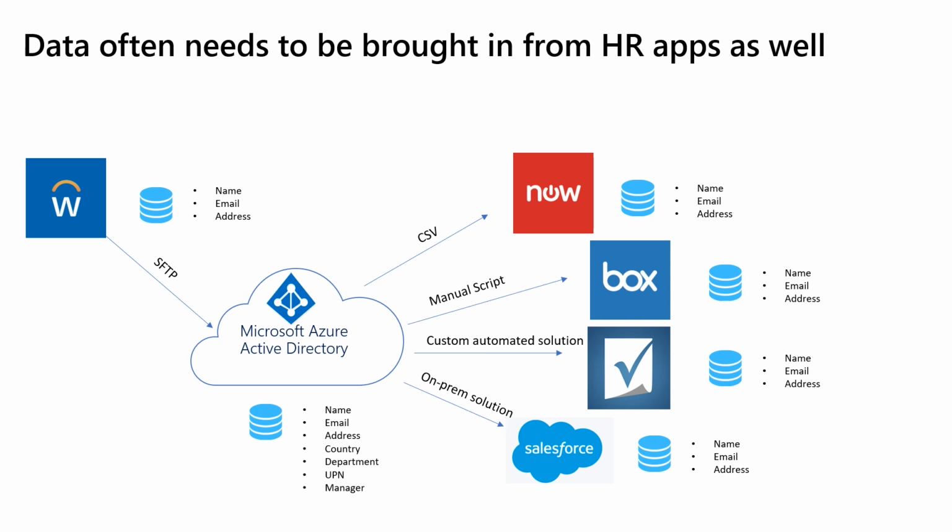In this particular example, we have taken Workday, but you can have PeopleSoft from Oracle or SAP SuccessFactors or any other application, which is pushing the data to your on-premise Active Directory or Azure Active Directory, and then you are taking that information to different applications. So this adds more complexity into the picture, because now the source of truth is that HR application which is pushing the data to your on-premise or Azure Active Directory, and then that data is going into different SaaS applications.